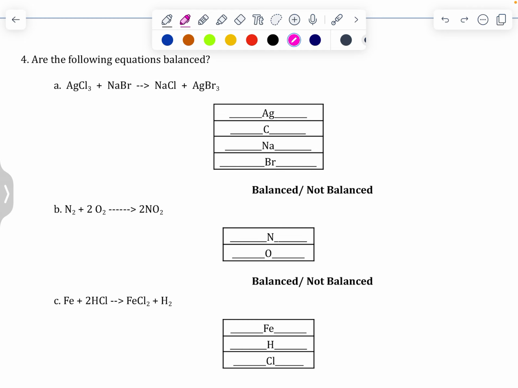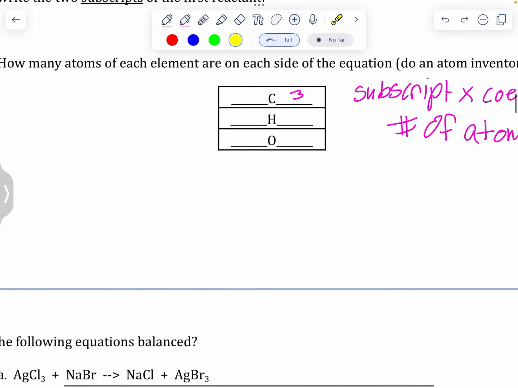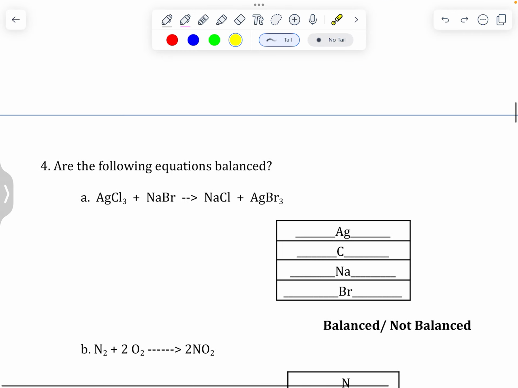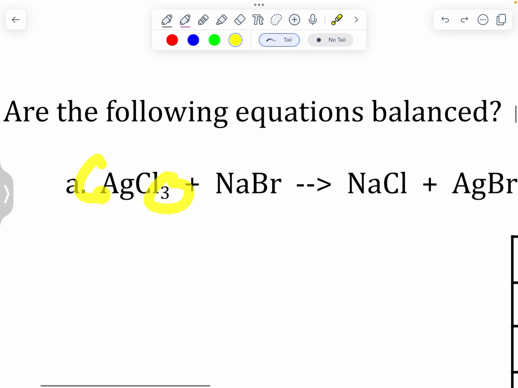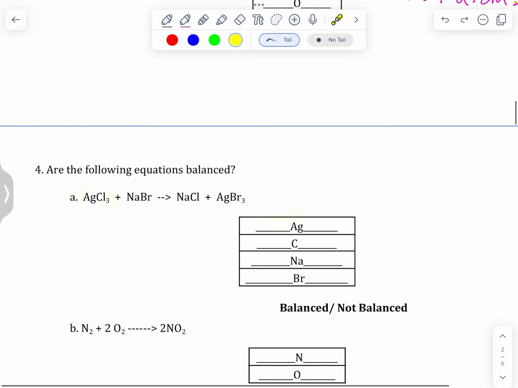Next, for 4 and 5, you are going to write or circle whether your formula is balanced or not balanced. So go ahead and do the same thing that you did for letter E. Do your subscript times your coefficient, and that'll give you the number of atoms you have.